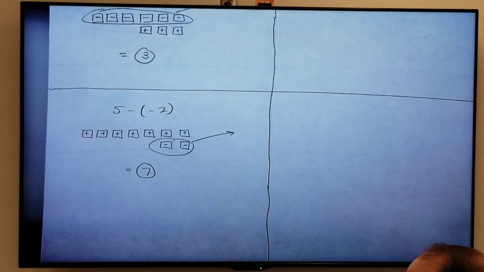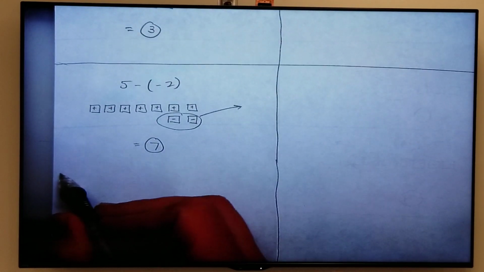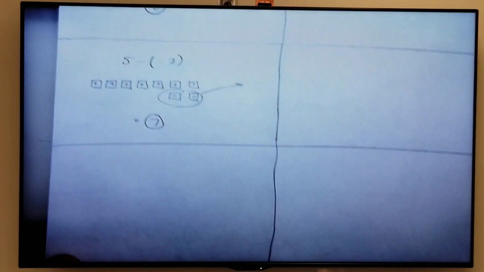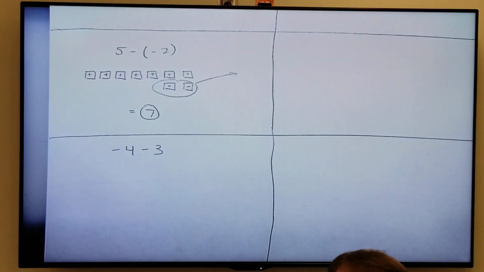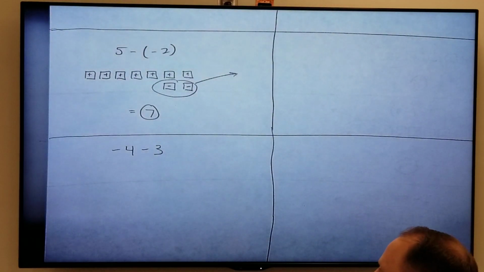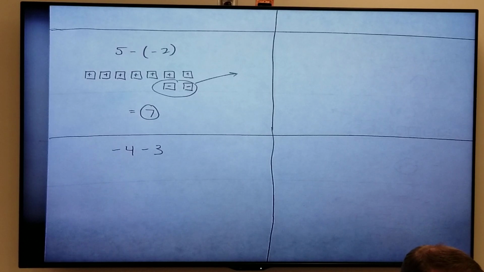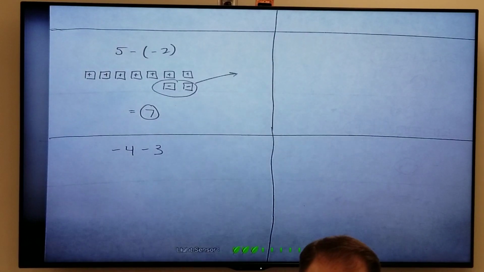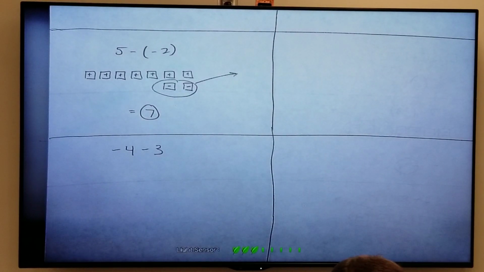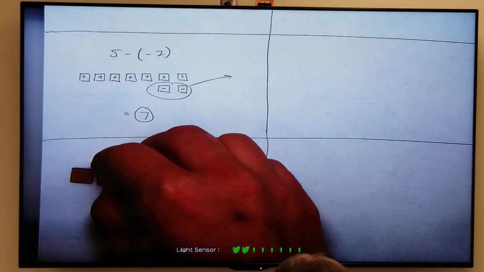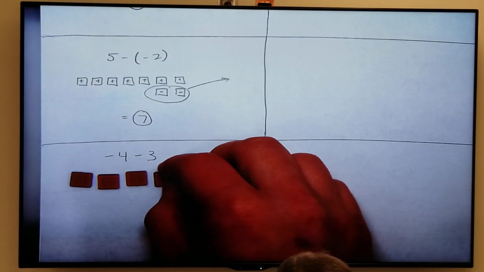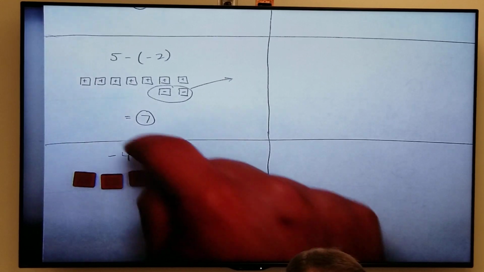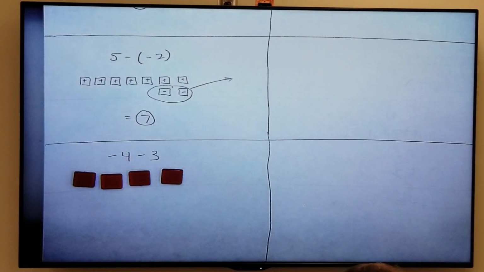Okay, one more example. Negative 4 minus 3. Give the video a pause and see if you can do this one on your own. Okay, here's my solution. I'm starting with 4 negative tiles, and I need to take away 3 positive tiles.